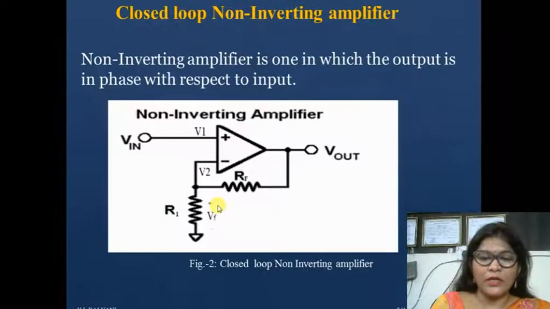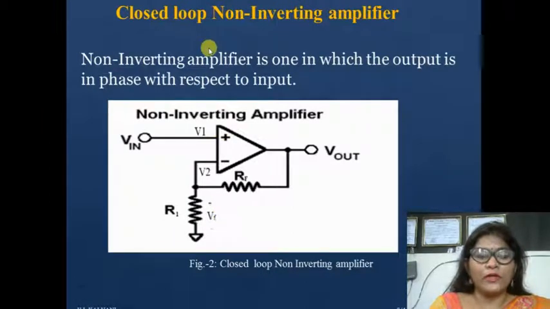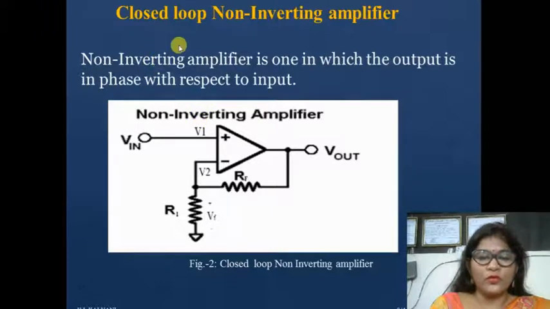This is the diagram of the closed loop non-inverting amplifier, where closed loop means the feedback path is present. In case of the closed loop non-inverting amplifier, the output is in phase with respect to the input.